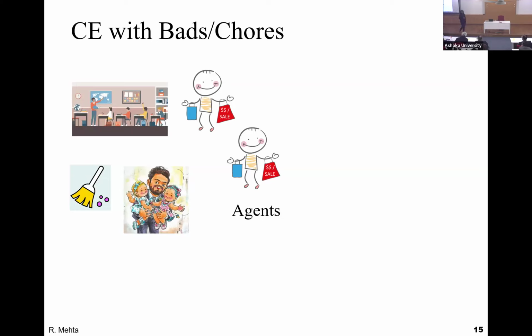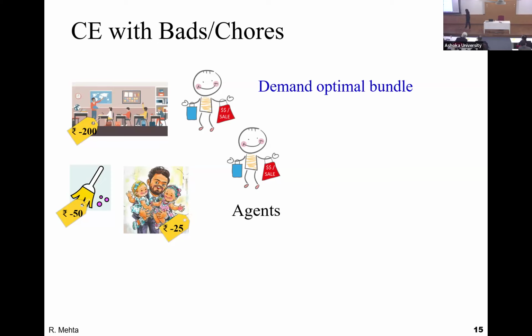So the money flow reverses. I'll represent that by negation: when you consume a chore, you get paid that amount. Again, agents have preferences over chores, and now they have earning requirements instead of budgets to spend. They are happy to do these chores and get this utility just because of their earning requirement.